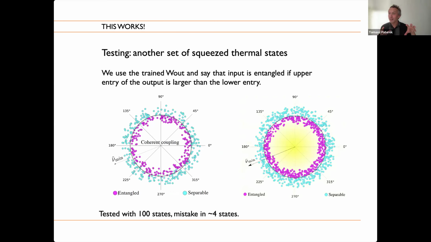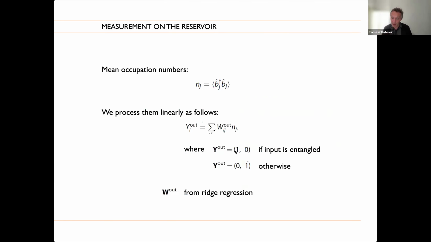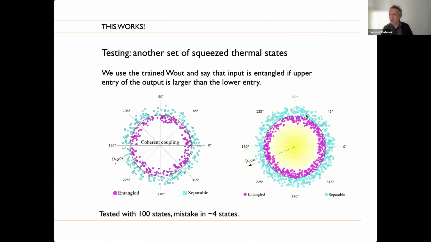We apply the matrix W that we learned before. And if the final vector is such that its upper entry is larger than the lower entry, we say, okay, we predict this state is entangled. Otherwise, it is not entangled. And it turns out this is working with an efficiency of 96%. So it essentially recognizes almost every state from this class.